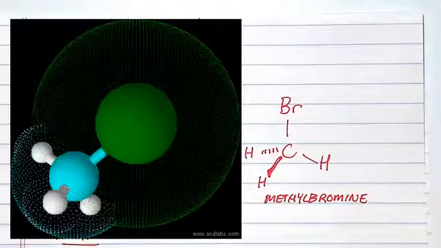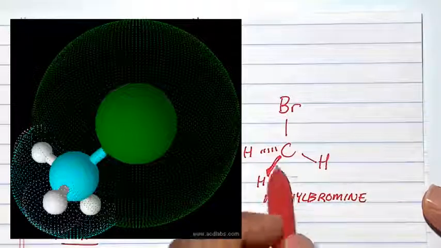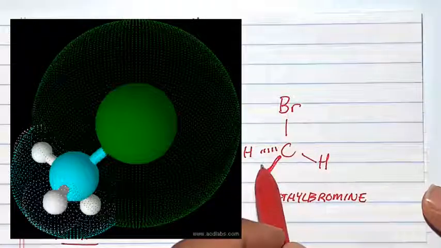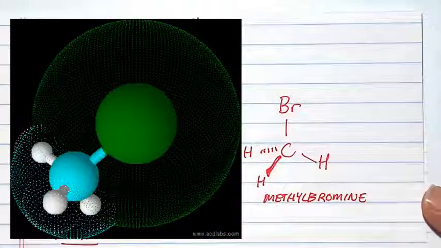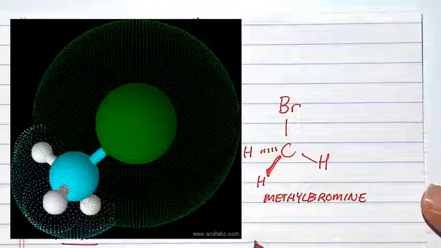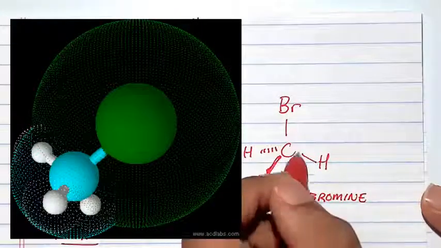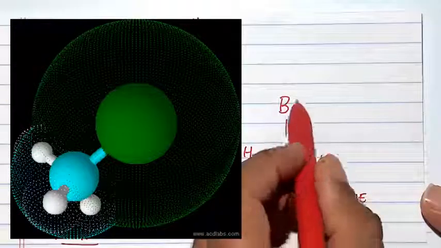Same situation arises with methyl bromine. So here we take carbon. Carbon loves 4, so we attach it with 3 hydrogens and 1 bromine. sp3 carbons like to be tetrahedral, and this is a tetrahedral molecule. It's also polar, because what does the bromine do?